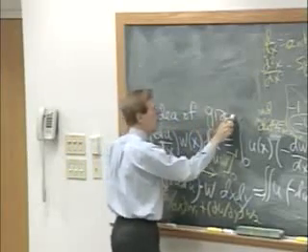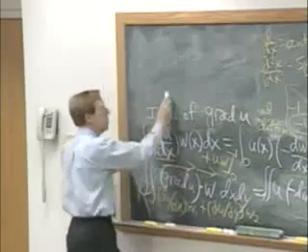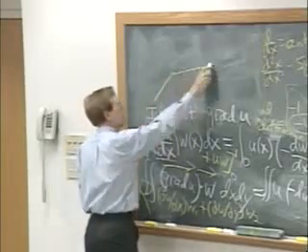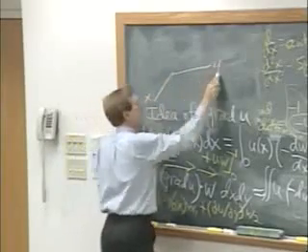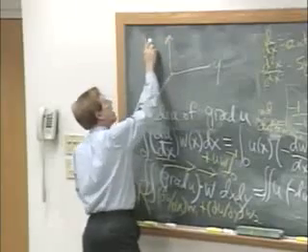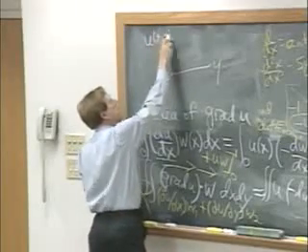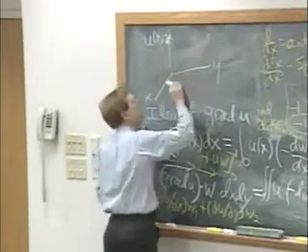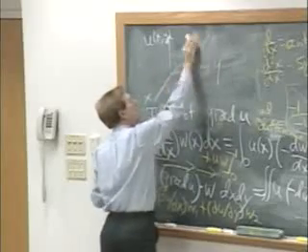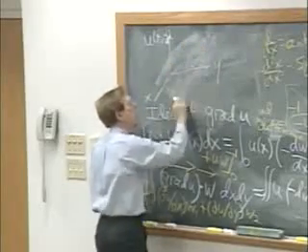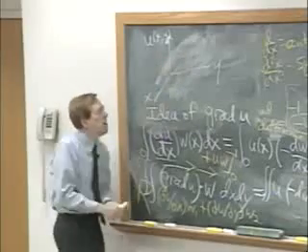Okay, gradient of u. What's the idea of u? Let me try to graph. Here's x, here's y. If I graph u of x and y, I get some surface. Maybe I'm climbing a hill.